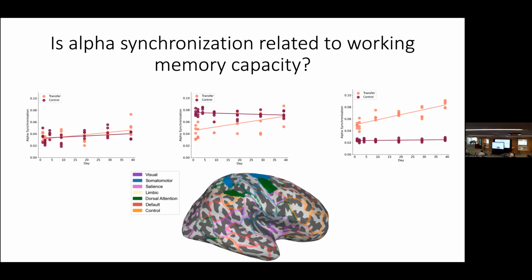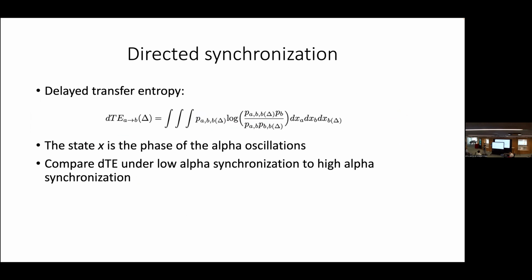And then just a final thing as well. All this that I've been doing with the PLV is looking at undirected synchronization. However, what we're trying to look a bit more at the moment is also directed synchronization. What we use here is something called delayed transfer entropy. And here you basically look at conditional probabilities using the KL divergence.